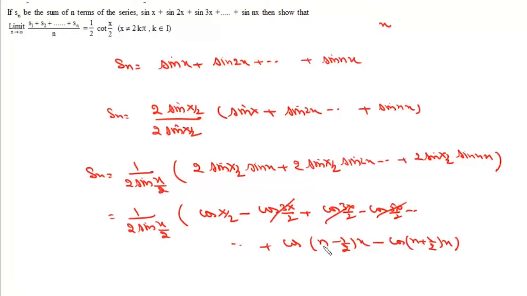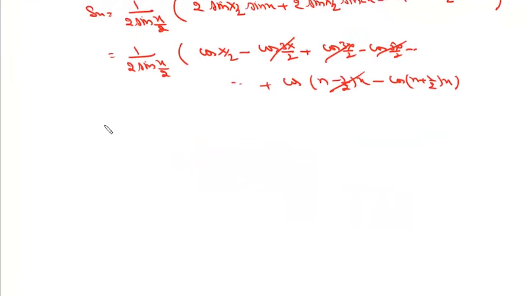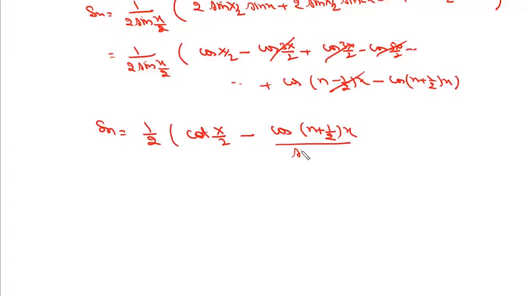Now all these terms, they'll cancel. So basically we'll get this Sn as 1 by 2 cot x by 2 minus cos n plus 1 by 2x upon sin x by 2.